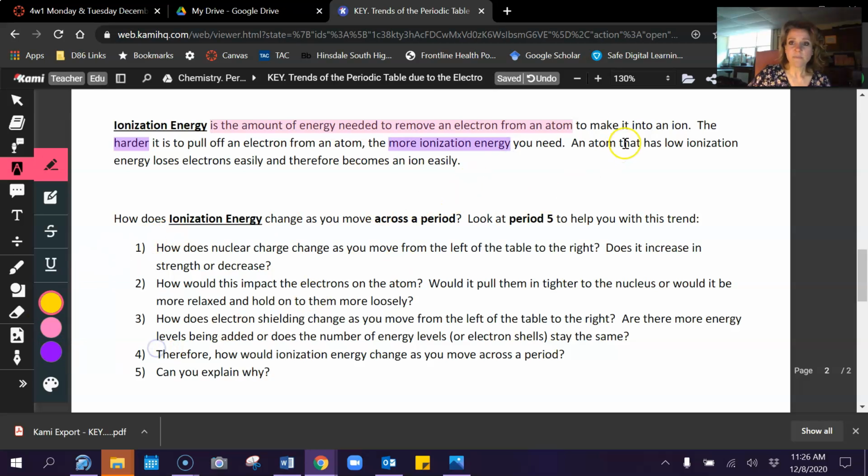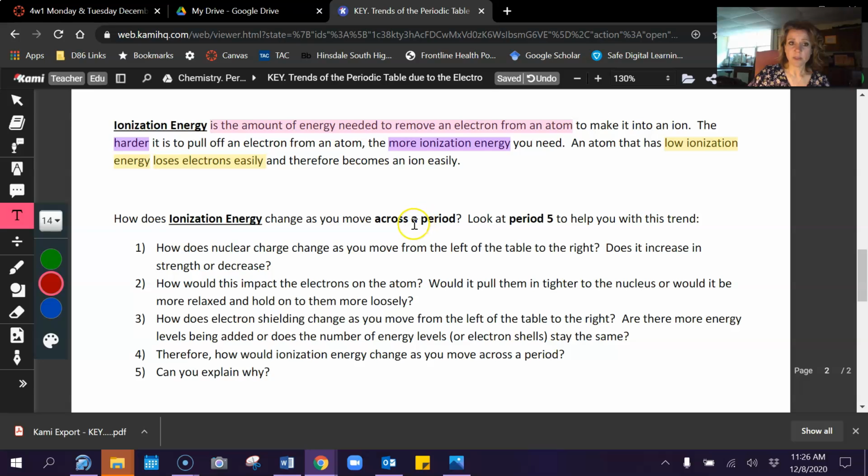And conversely, an atom that has a low ionization energy is going to lose electrons easily. So remember that if it's difficult to pull away an electron, ionization energy is high. If it's easy to pull away an electron, ionization energy is low.